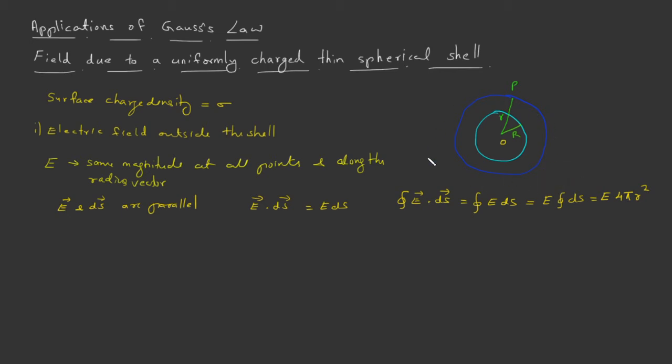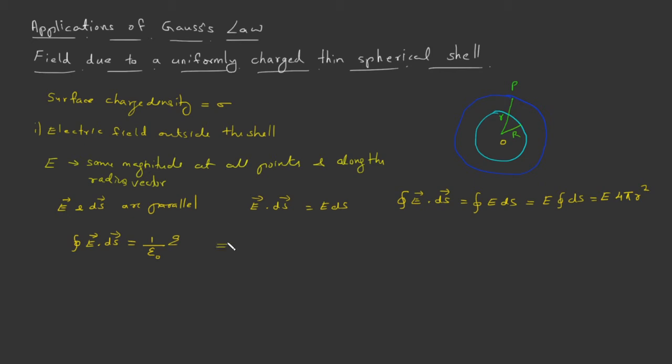So we got the electric flux through this Gaussian surface. Also we know, according to Gauss's law, electric flux through a closed surface, that is closed integral E dot ds, is equal to 1 by epsilon 0 times the charge inside that Gaussian surface.